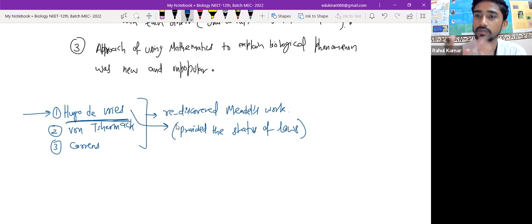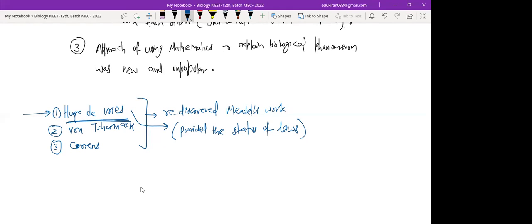He wrote it as a book, with everything mathematical and the results written in it. But to make 3 laws out of it, it was mostly Hugo de Vries, Schermak and Correns. Is it clear, people? Yes, so just remember this.